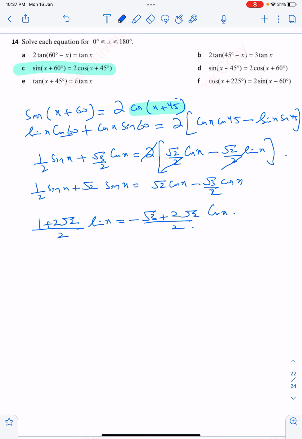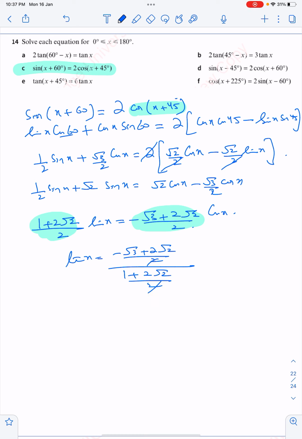I am going to bring both of them on one side. Sin x upon cos x is tan x, and I am going to divide this by this. So, minus root 3 plus 2 root 2 upon 2 divided by 1 plus 2 root 2 upon 2. 2 and 2 will cancel out. So, I am just making the fraction now, minus root 3 plus 2 root 2 divided by 1 plus 2 root 2.